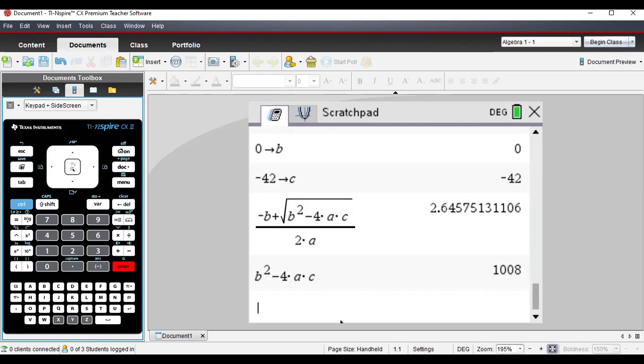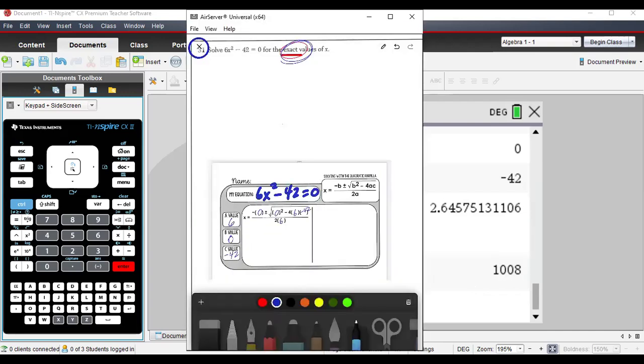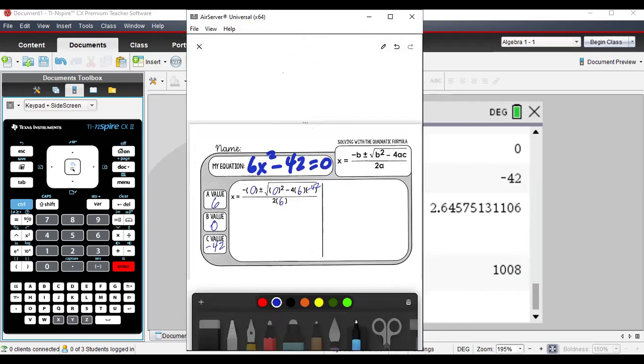If I go to my paper, my answer is going to be x equals plus or minus the square root of 1,008 over 12. That's 2 times 6 is 12.